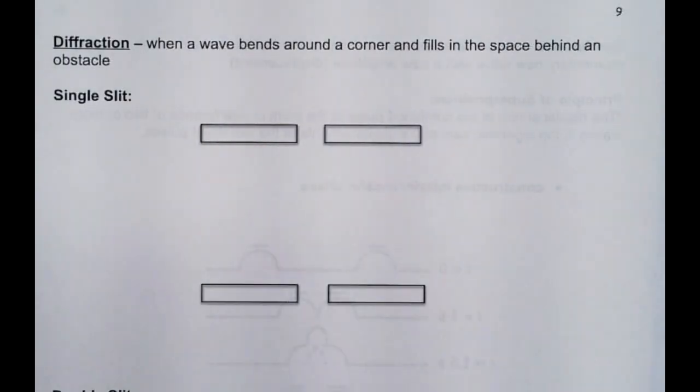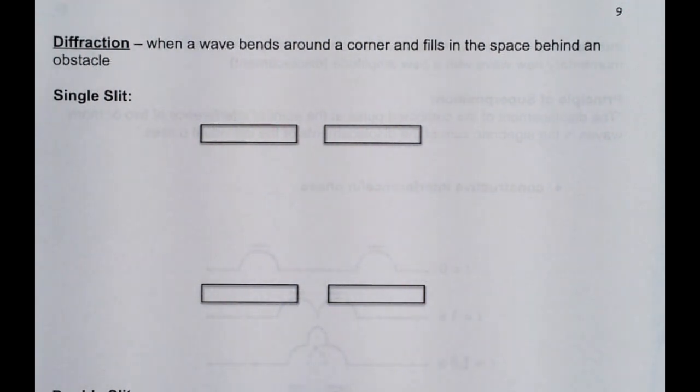Now that we've looked at how a wave can bounce back or be reflected, we need to look at how it can be diffracted. When it's diffracted, it means that the wave bends around a corner and fills the space behind an obstacle.